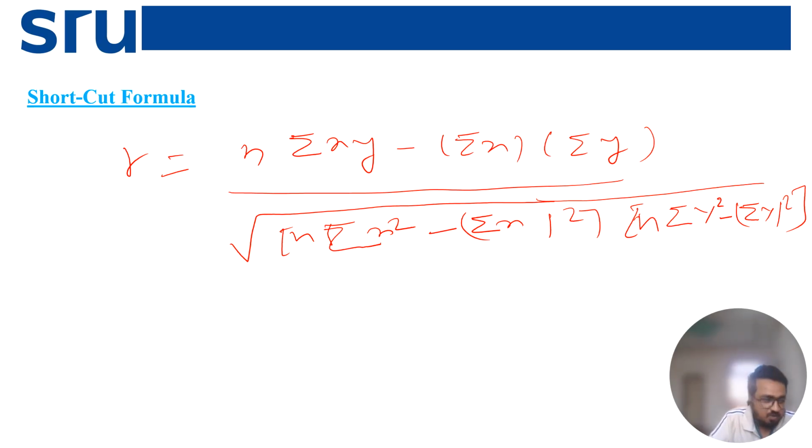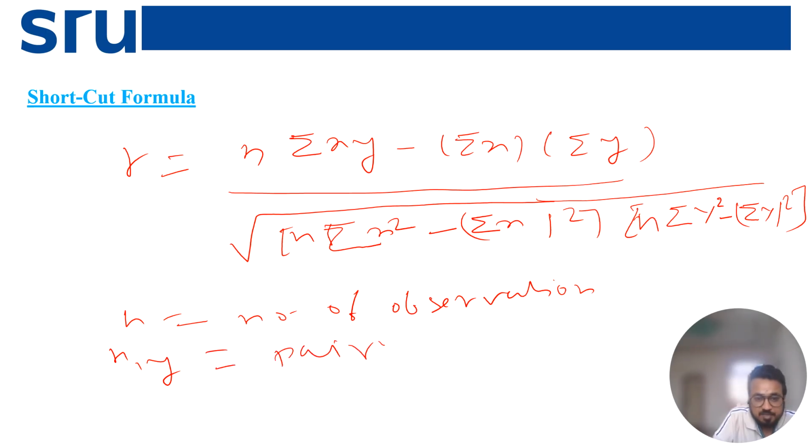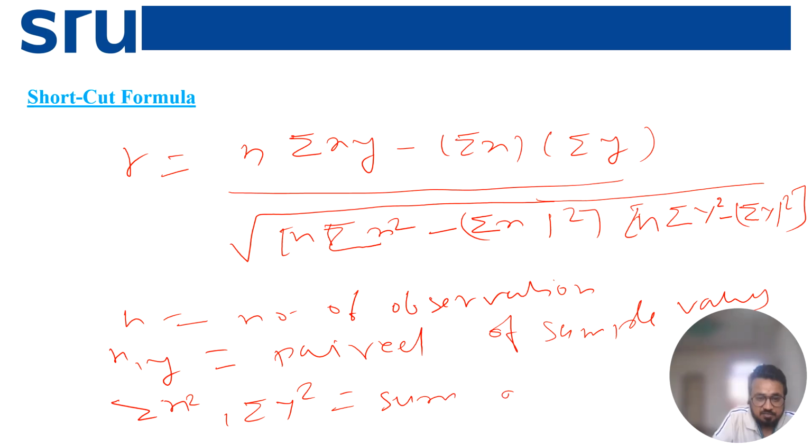So this is the formula for finding the Karl Pearson correlation coefficient. Here n is the number of observations, x and y are the paired sample values, and summation x square and summation y square are nothing but the sum of squares of data, and summation of x into y is nothing but the sum of the products.